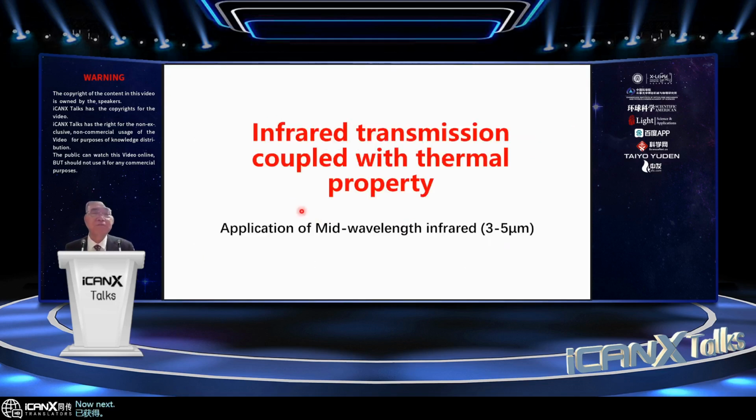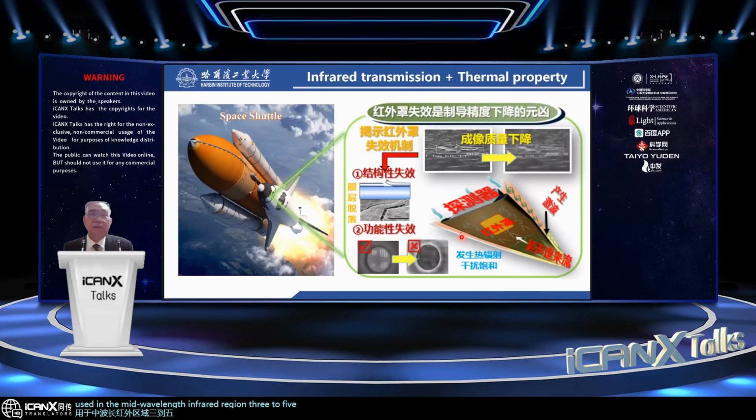Now next, let's talk about infrared transmission coupled with the thermal properties. This is mainly used in the mid-wavelength infrared region, 3 to 5 micron. Here's the background. When you have a space shuttle or whatever, you need an infrared camera. And this infrared camera has a window, like the glass we are wearing. We have goggles to protect our eyes, right?